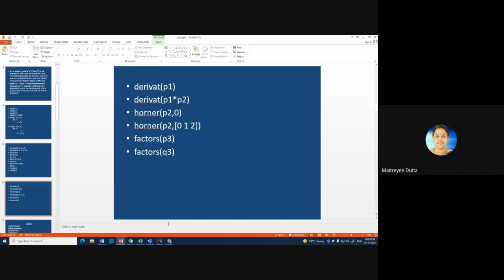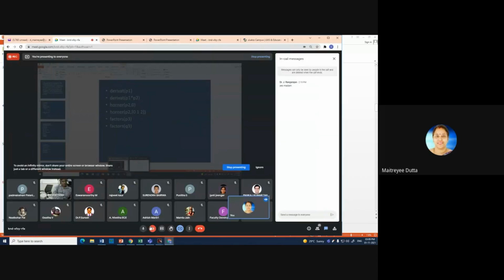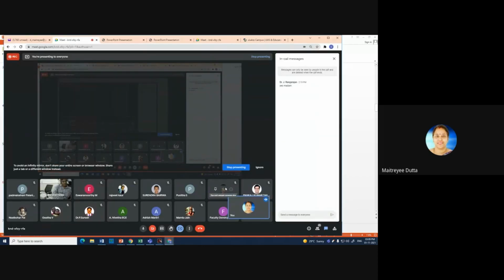Up to this, any doubt? So what we have done: how to define a polynomial with the help of poly. Then we have done the roots, how to find the coefficients, and how to find the polynomial from coefficients and roots.